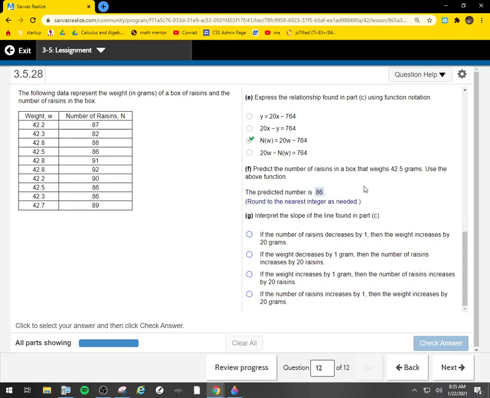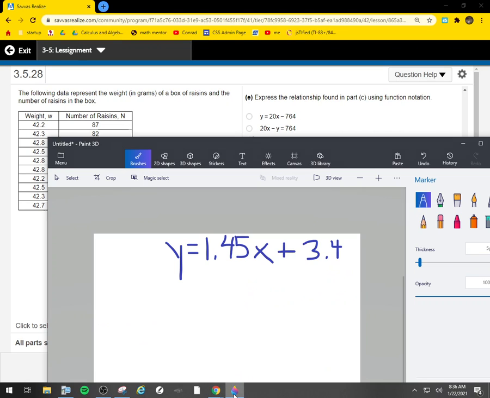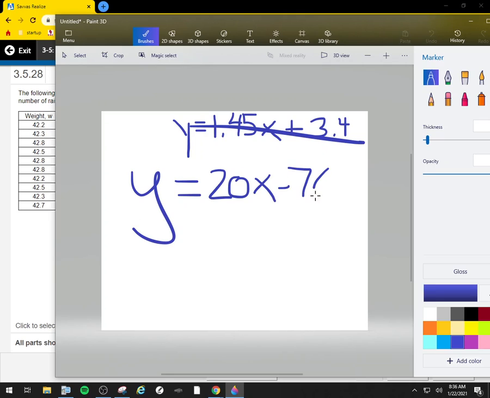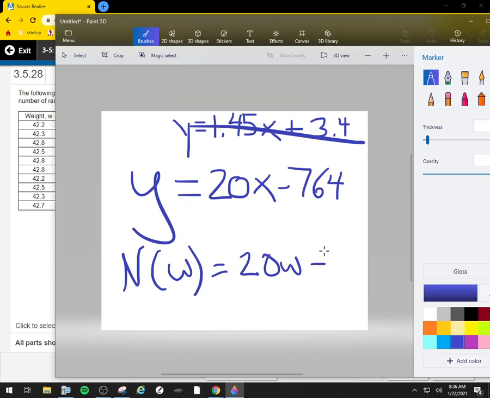Interpret the slope of the line found in part C. All right, well, I'm going to do that without them. So we got y is equal to 20x minus 764. Or, to be fancy, n of w is equal to 20w minus 764. So w stood for weight, right?